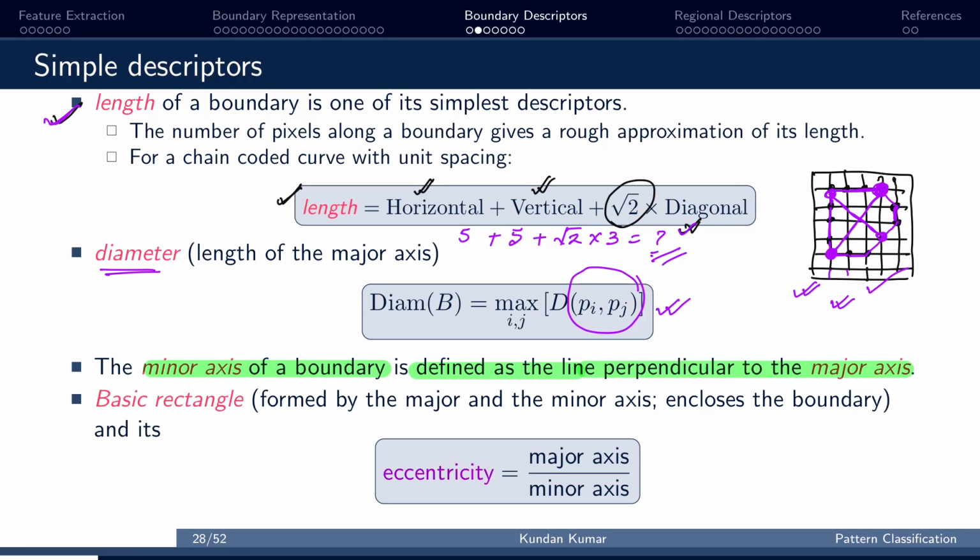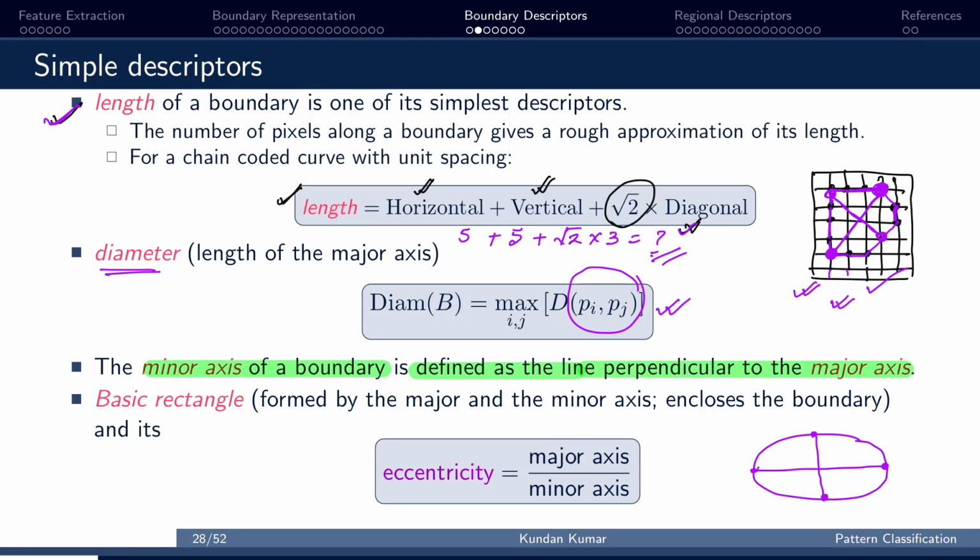As you know, in the case of an ellipse, we have a major axis and a minor axis, something like this. So this is our major axis and this is our minor axis. The same concept is used here to define the descriptors from the boundary pixels.